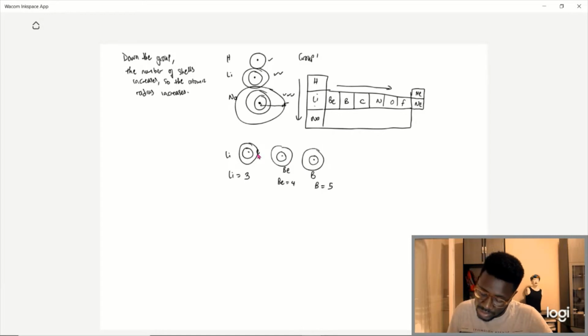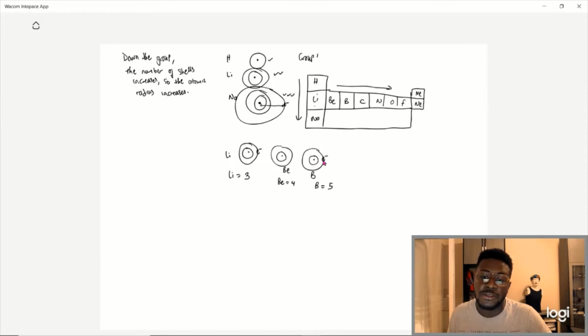So that means that since boron has 5 protons, and the protons are positively charged, the protons are going to attract the electrons closer to the nucleus because there are more protons, so there is more total positive charge in the nucleus.